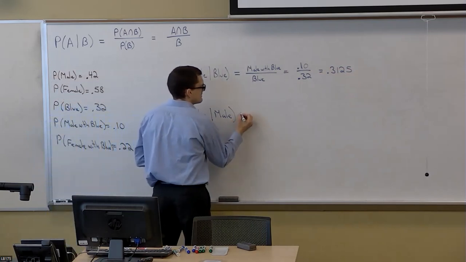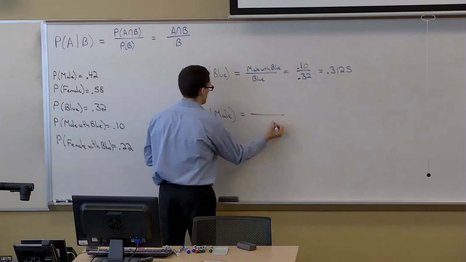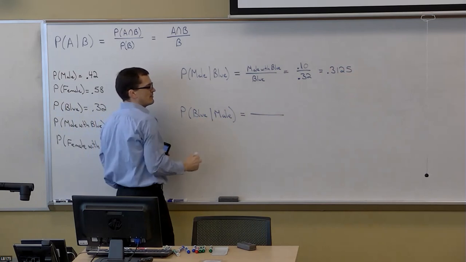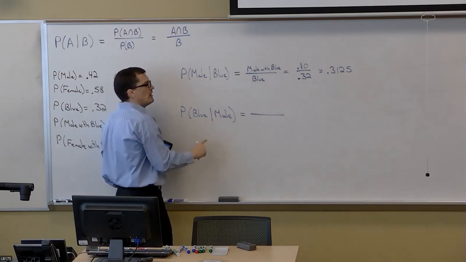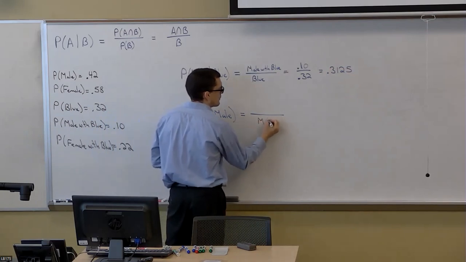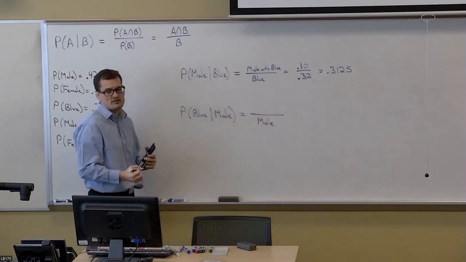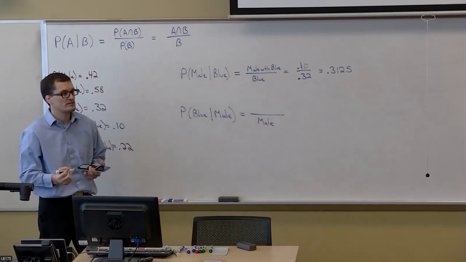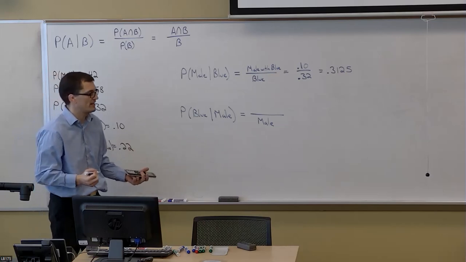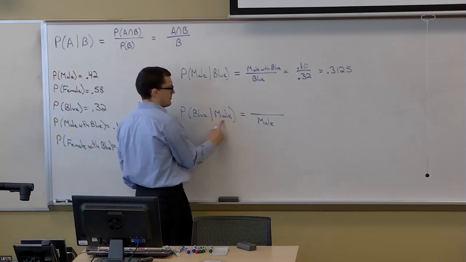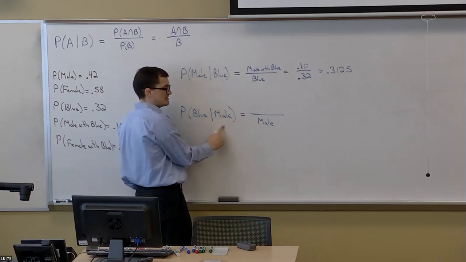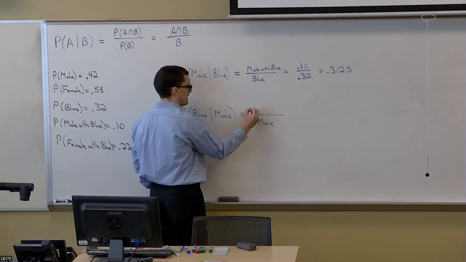And then the second problem says, what's the probability of having blue eyes given that we've picked the male? In this case, if we are given that we've picked one of the males, the total number of males goes into the denominator. And those males with blue eyes, with both traits, go into the numerator.